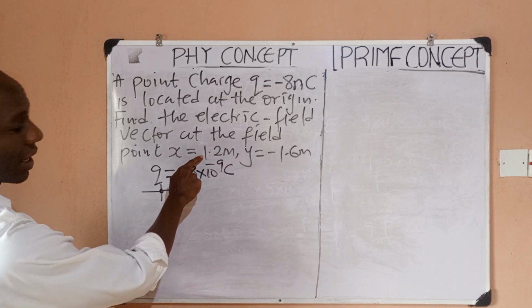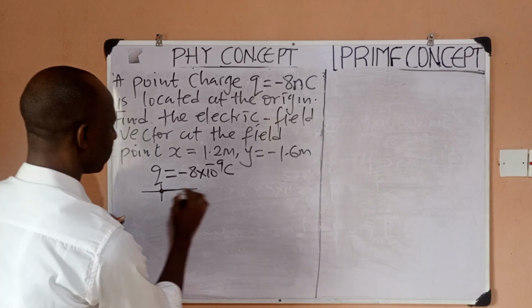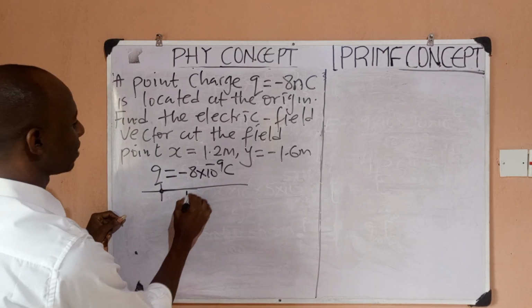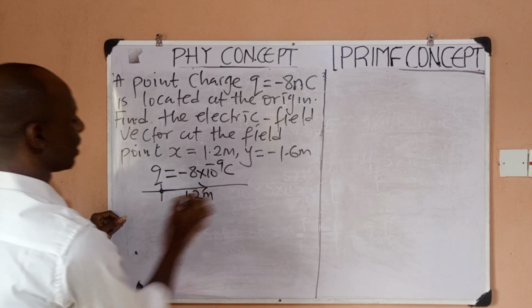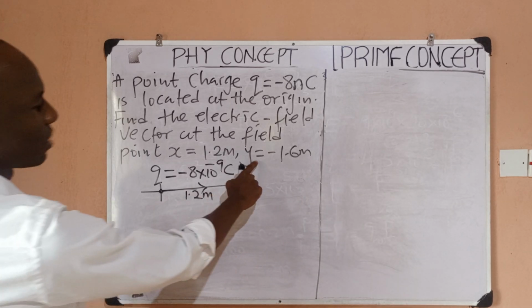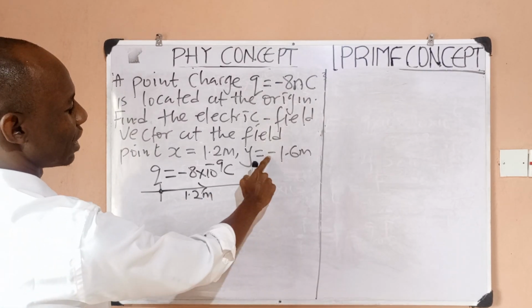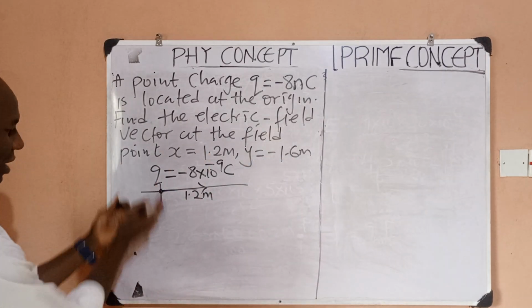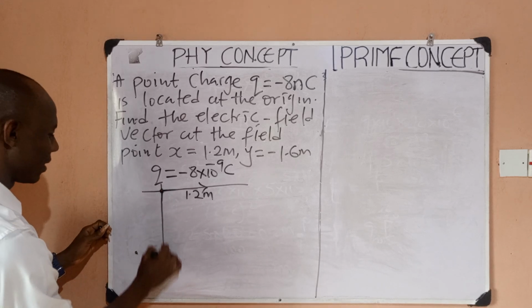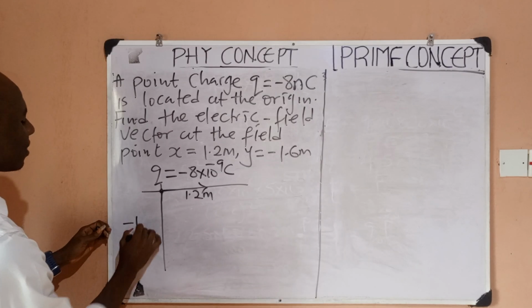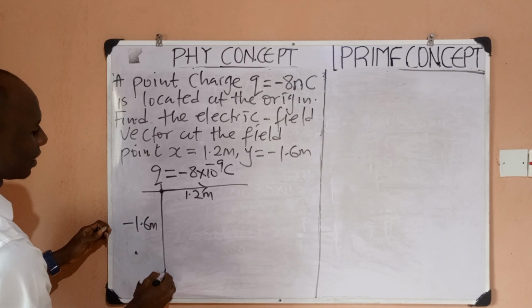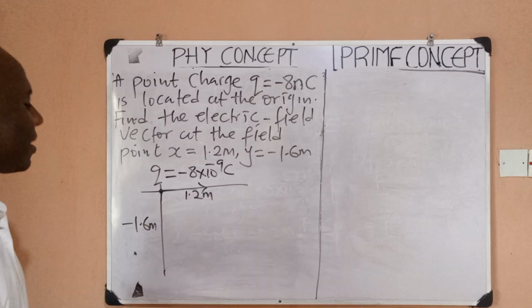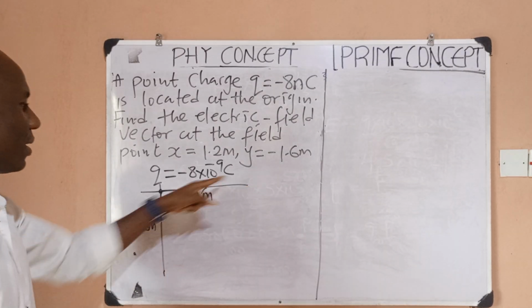This is the positive x direction, so I'm going to draw like this. This is my 1.2 meter, positive. And then y equals negative 1.6, which is downwards. Now we're looking for the electric field at a point given by these two coordinates.